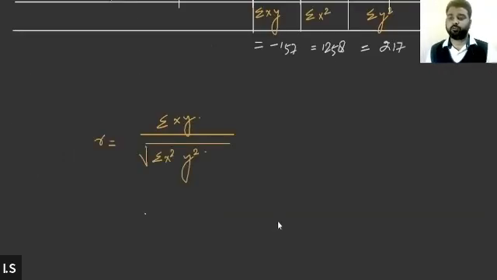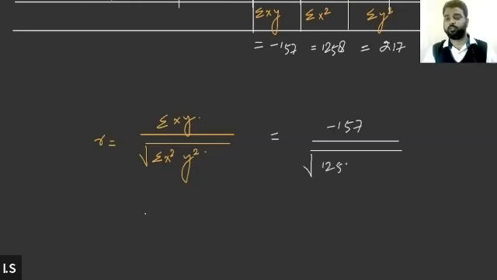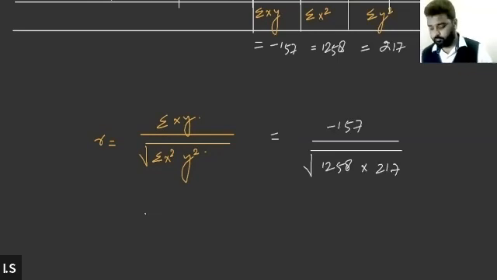Now we will put these values into the formula. So it will be -157 divided by under root 1258 multiplied by 217, which is 272986, and then under root it will be 522.48.